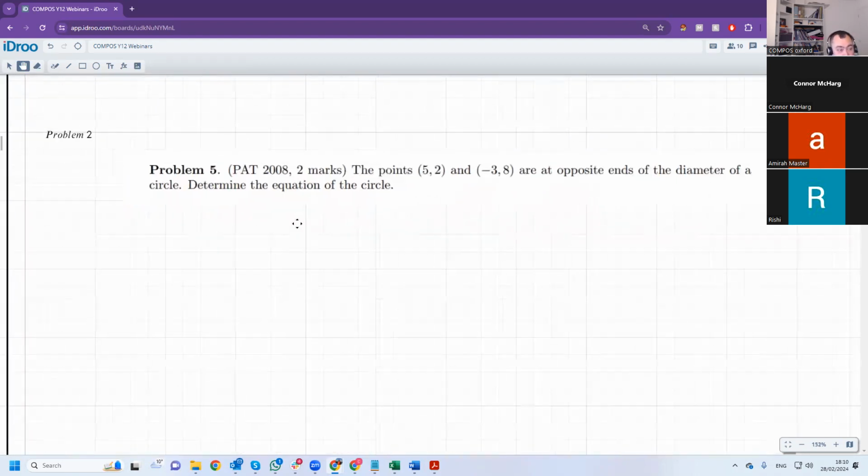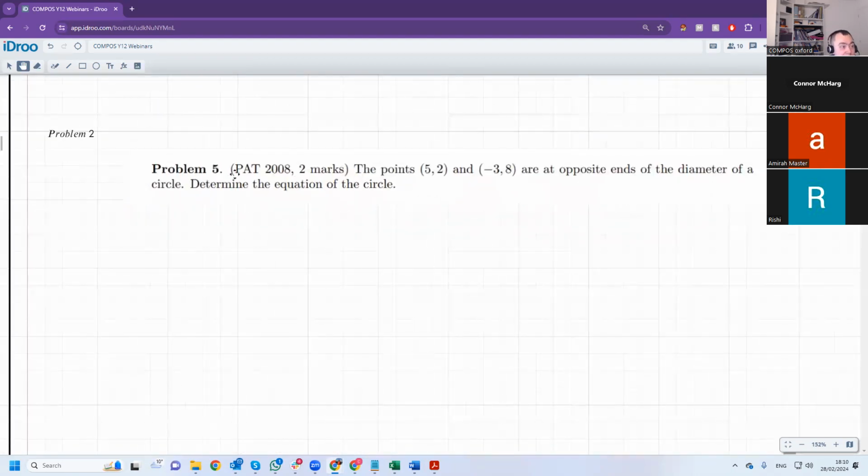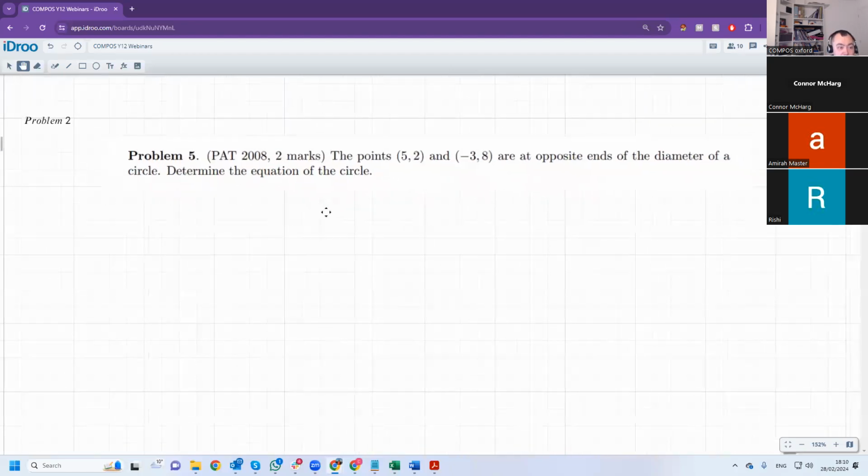Another quite easy problem. The points (5, 2) and (-3, 8) are at opposite ends of the diameter of a circle. We don't really need an accurate diagram here.